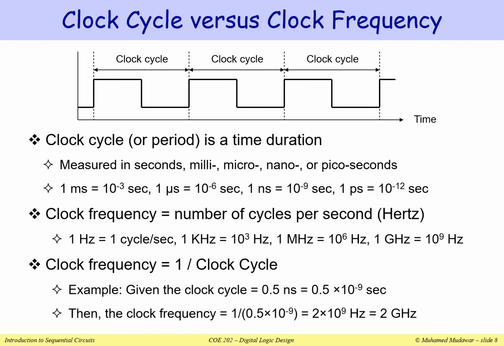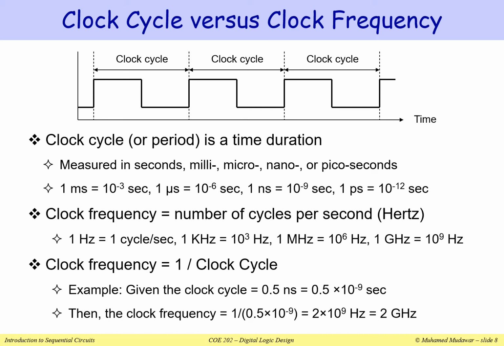There are two important metrics for a clock. The first one is called the clock cycle, and the second one is called the clock frequency. So what is the definition of a clock cycle? The clock cycle is just a time duration. It is the duration between two rising edges of the clock.